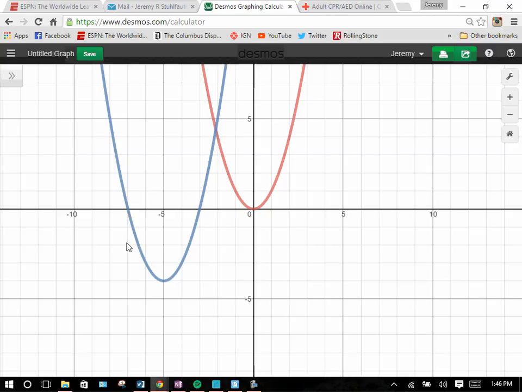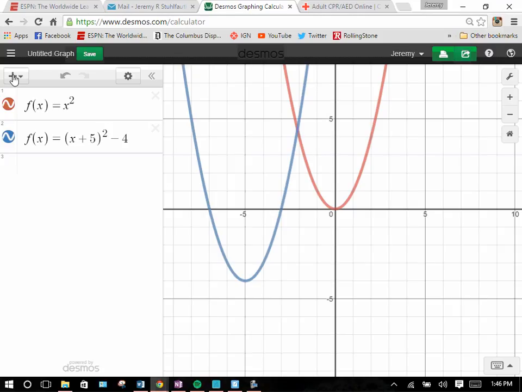And then, Mo, how many units is this moving up or down? Down 4 units. All right, does anyone have an equation for this function? Jalen? X plus 5 squared minus 4. Correct. X plus 5 squared minus 4.